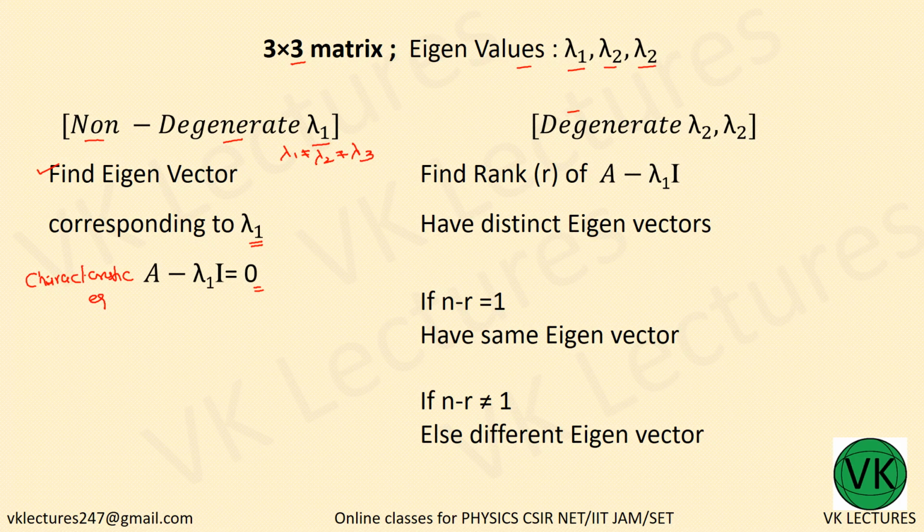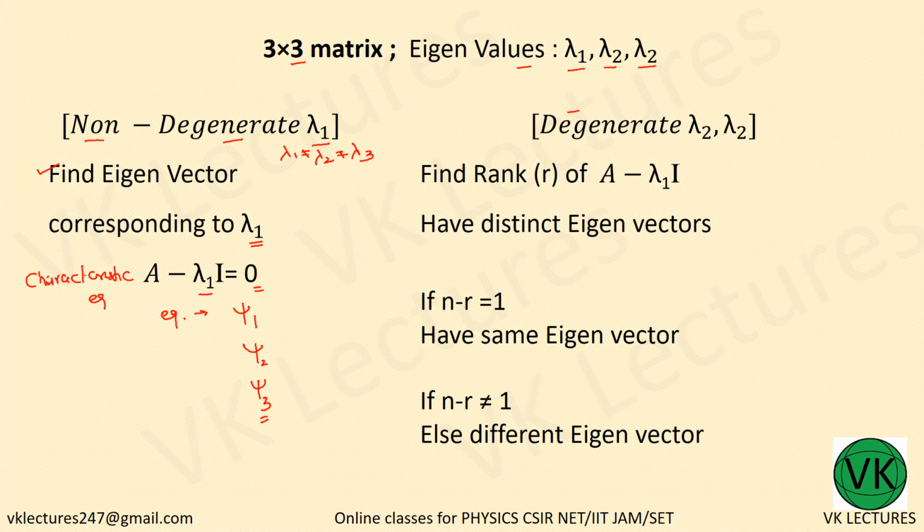By solving this equation, we will get the eigenvector corresponding to lambda 1, that is psi 1. Similarly, if you put lambda 2 instead of lambda 1, you will get psi 2 and psi 3.